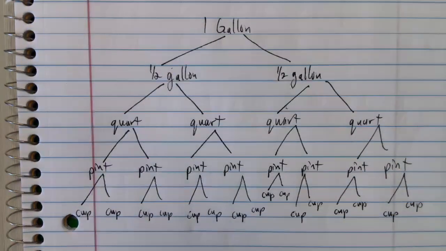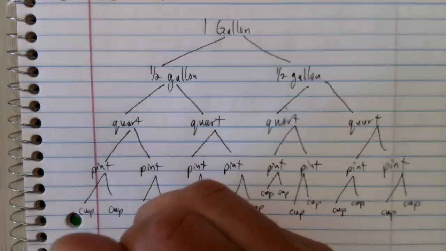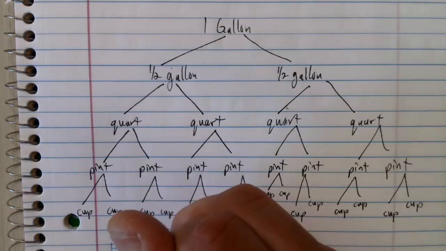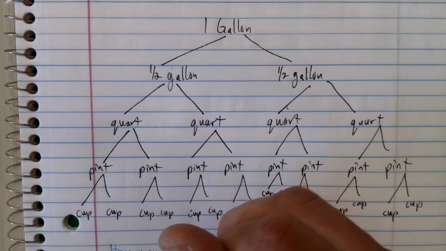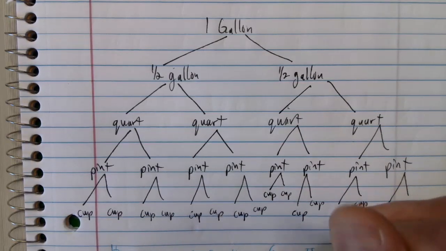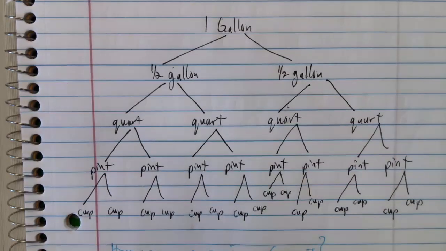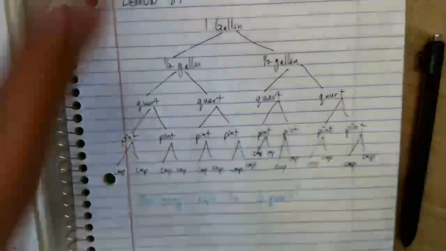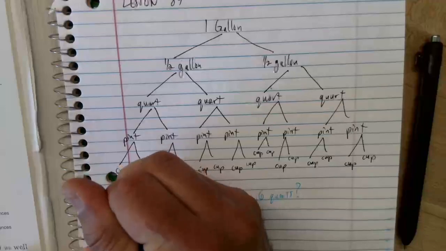So this picture will actually help us solve problems like how many cups in 6 quarts. Okay? So let me zoom out just a little bit and get to our first question.